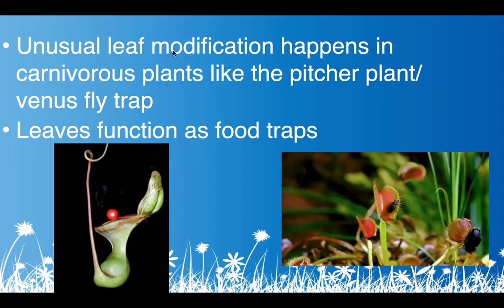The insects are generally attracted to the sweetness of the nectar on the lid, I'll just call it the lid. As they're walking along the ledge, they sometimes fall in. Because the sides are very slippery, they can't climb up. Inside is a liquid filled with digestive enzymes, so the animal probably drowns first and then gets slowly digested over time.